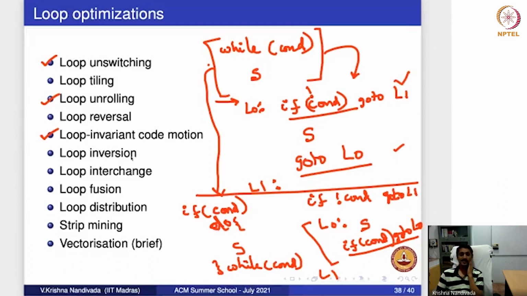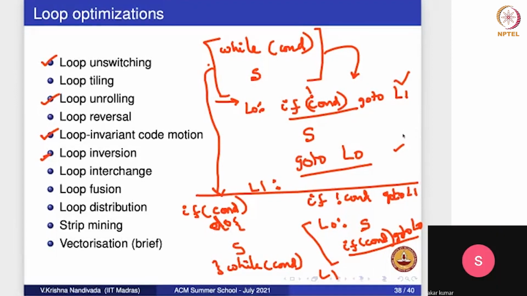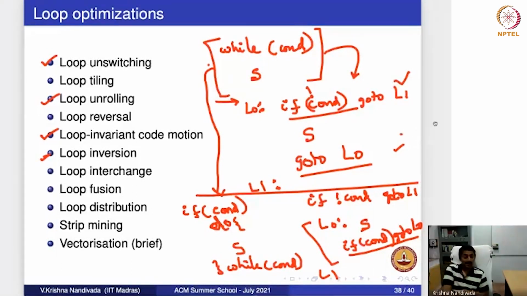So this is called loop inversion. What did I do? I took a while loop and replaced it with a do while loop. Any questions? So you see, we write these while loops, do while loops, probably without realizing that one of them is more efficient than the other.